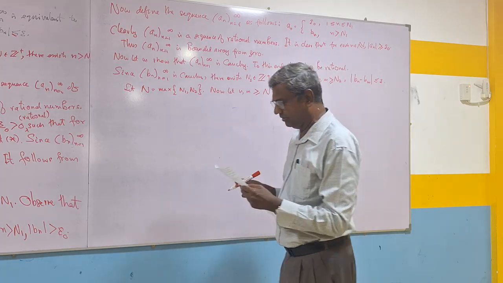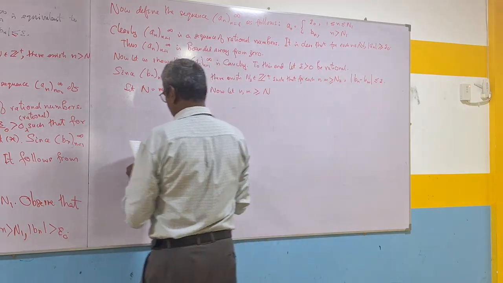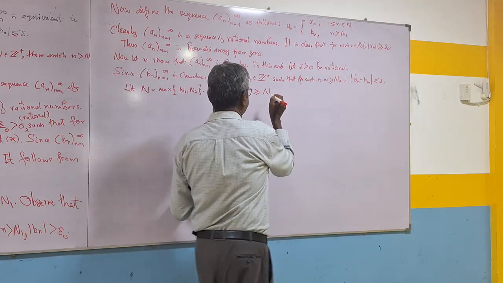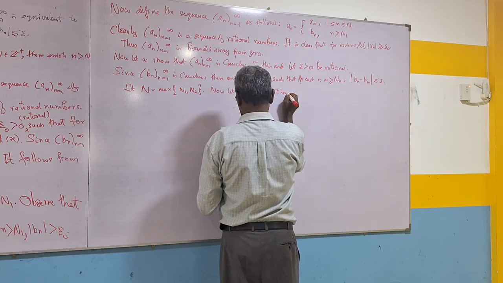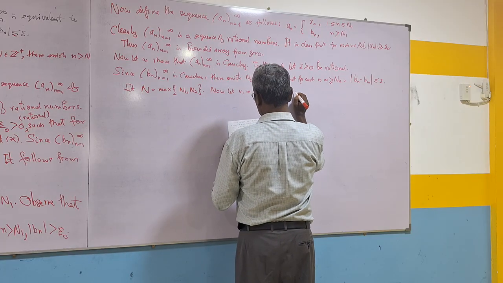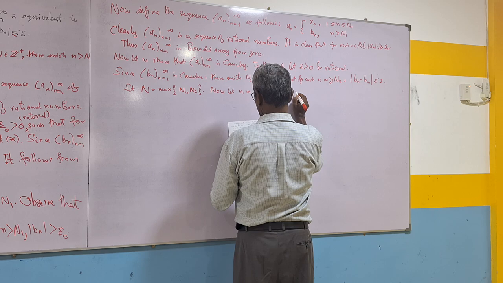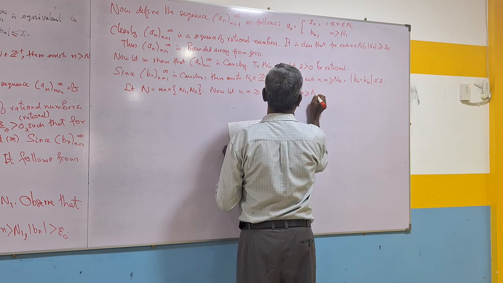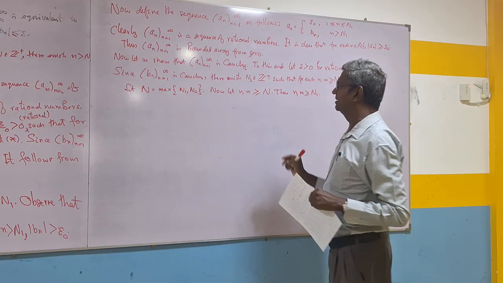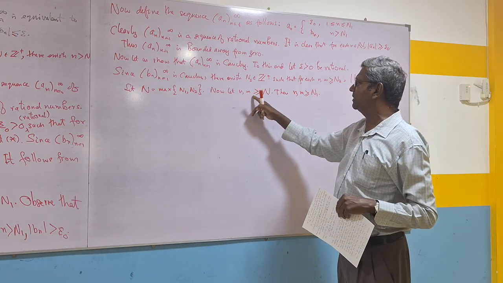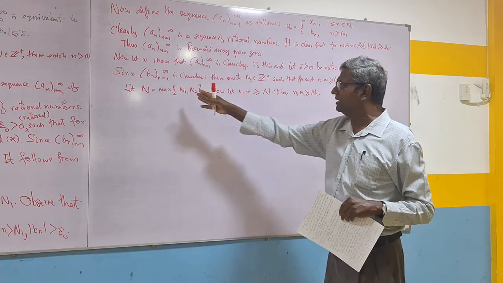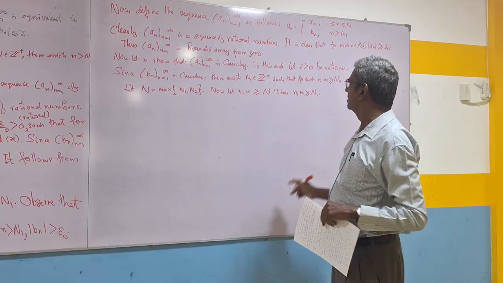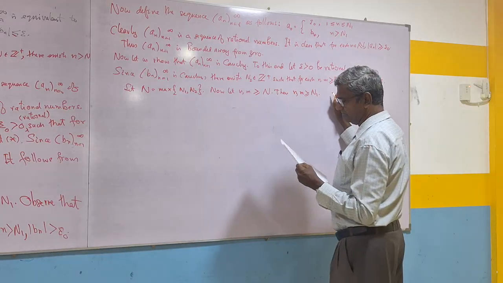That's what I am going to prove. Then n, m are greater than or equal to N1, right? Since capital N is the maximum of these two, n and m must be greater than or equal to N1.